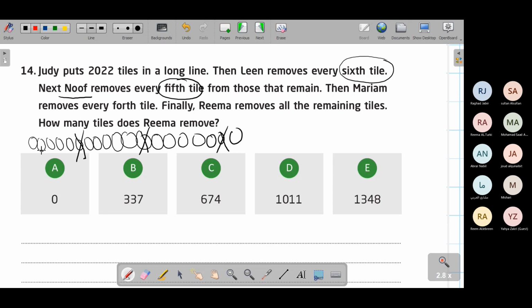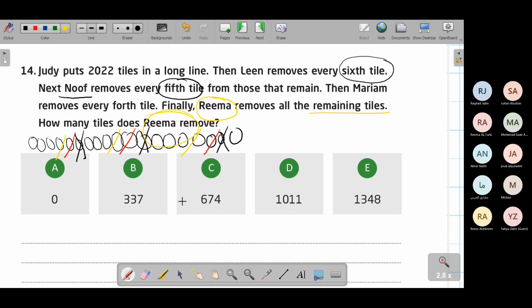She counts 1, 2, 3, 4, 5, and repeats. Then Maryam removes every 4th tile. She counts 1, 2, 3, 4, and repeats. Then finally Rima, our student here, removes all the remaining tiles. We need to know the number of tiles that Rima will remove.